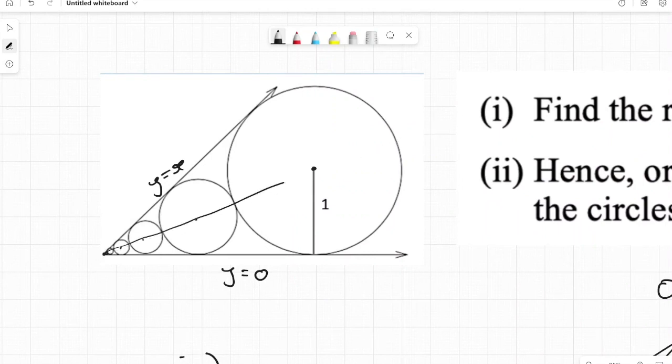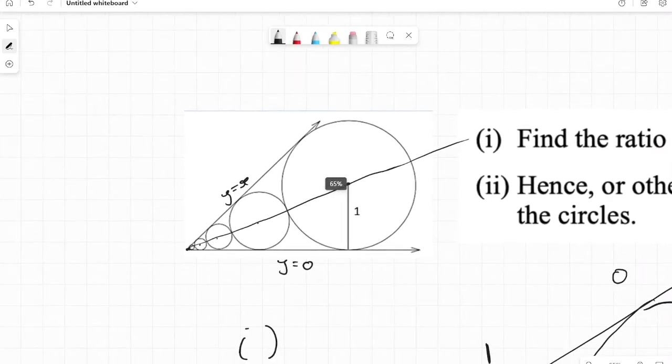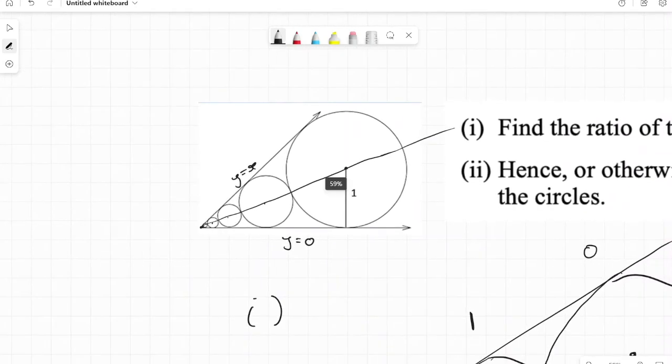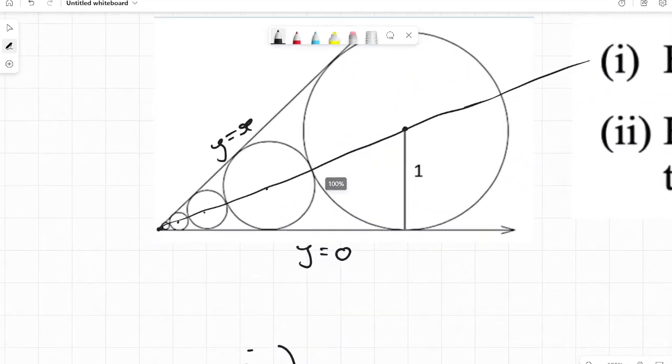Just pretend that it's actually going through the centers. I can't rotate this page, which is annoying, but you can basically say by symmetry, which is just, you can't be bothered proving it, and it looks symmetrical, so it must be true, that if this whole angle is 45 degrees, then each of these little bits is 22.5 degrees, right?